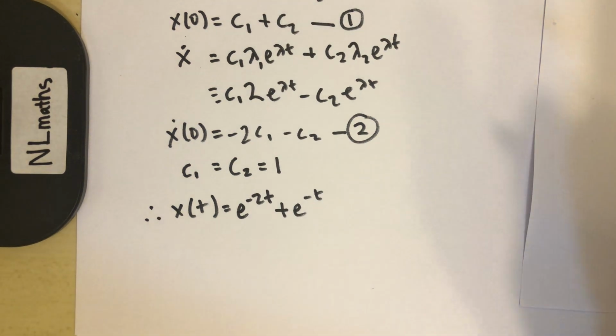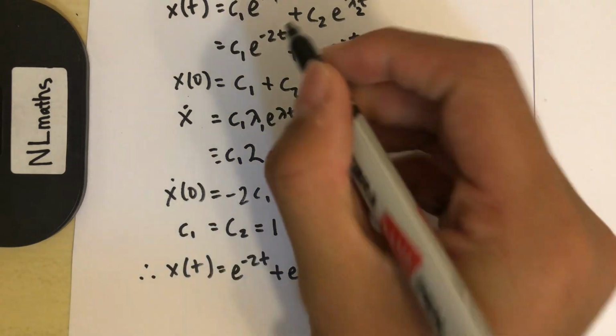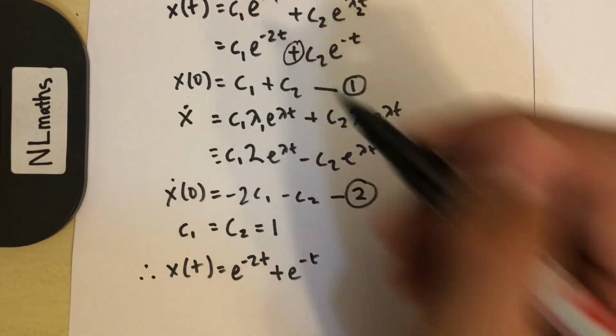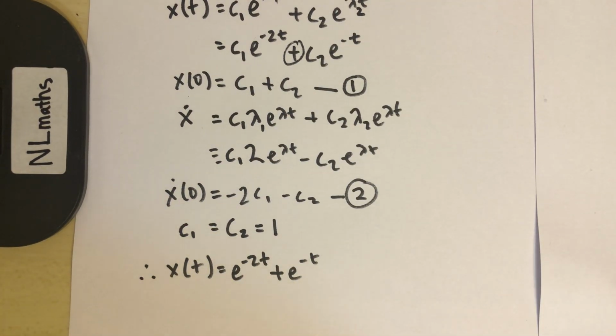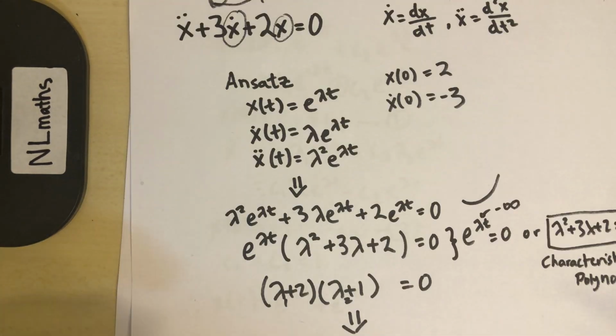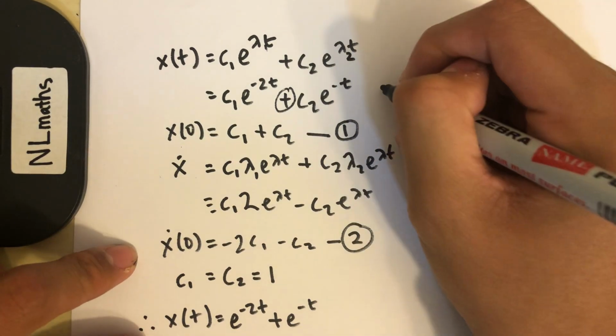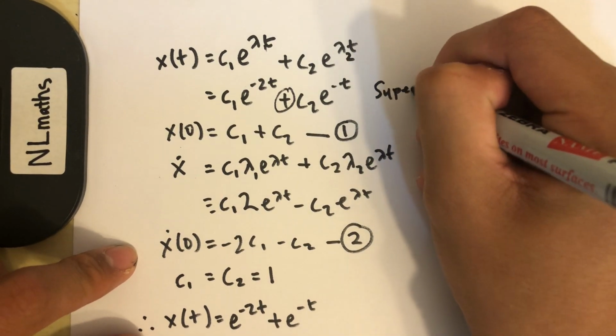Now, what I forgot to mention actually was something very important. I'm very sorry. Why are we adding two e's? Because from our Ansatz, the answer is e to lambda t, not e to the lambda t plus e to lambda t. And this is because of the superposition principle.